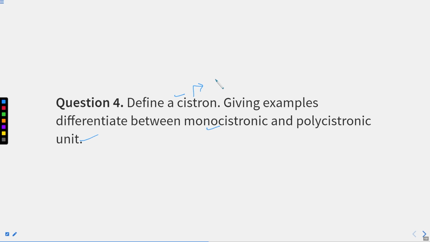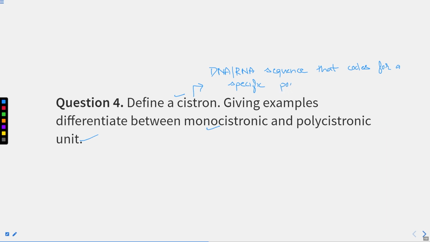In simple words, you can define it as a DNA or an RNA sequence that codes for a specific polypeptide.